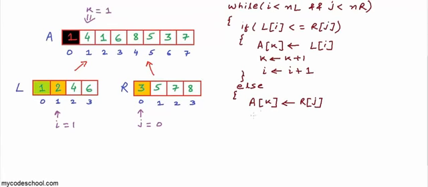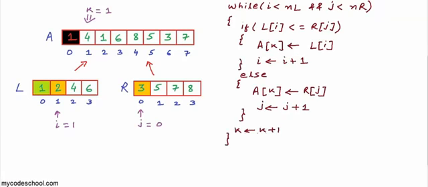And once again we need to increment k, and we need to increment j to go to the next unpicked in R. This k equals k plus 1 is in both the conditions, if as well as else, so I have moved it out.